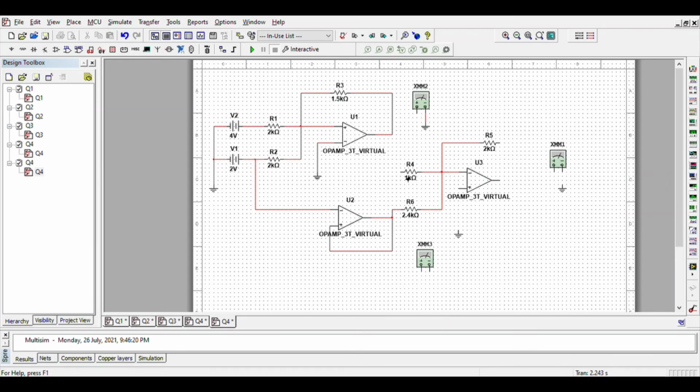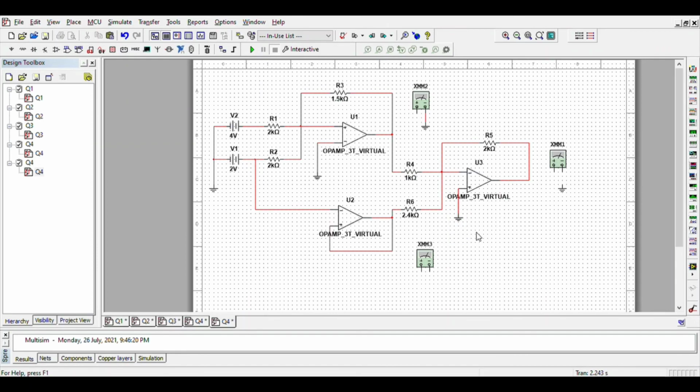Okay, for R4 it will be connected in here. Okay, after that R5 will be connected to V03. Okay, after that, don't forget to pause this.